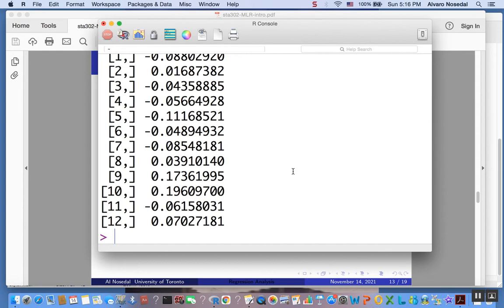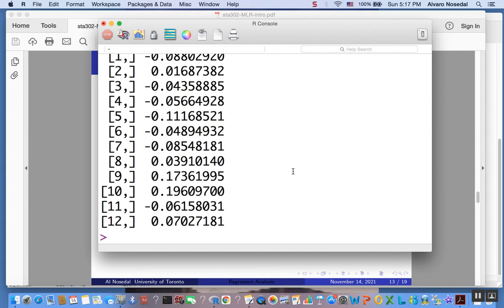Now, remember that this is just for fun, just to check something. Remember that when we talked about residual analysis, and when we talked about influential observations, we said that the diagonal elements of the H matrix are what we call the leverages. What we said is that the sum of the leverages equals the number of betas that you have in your model.